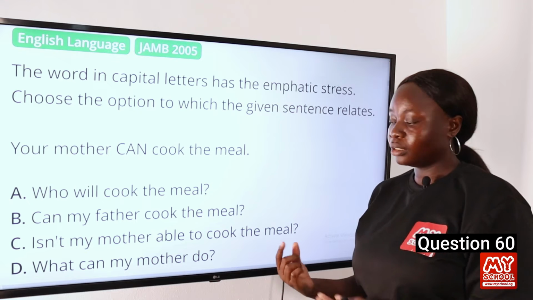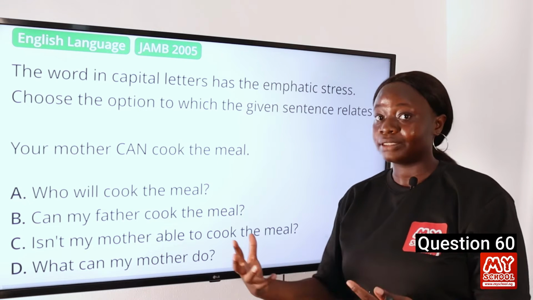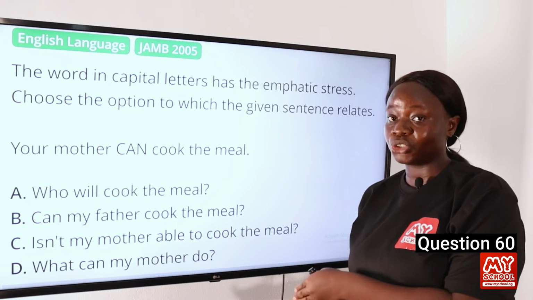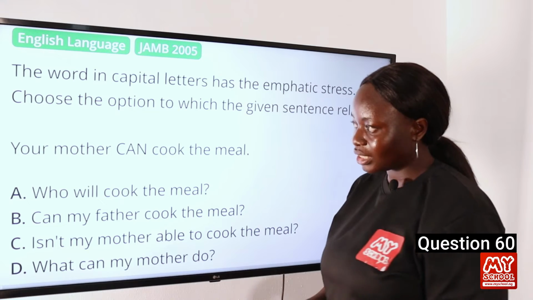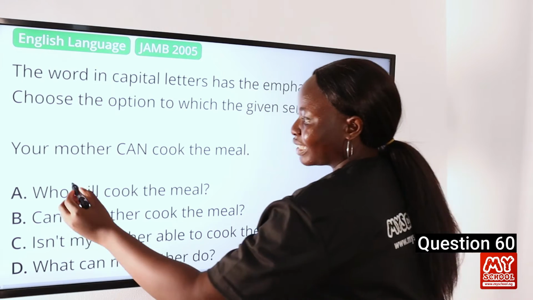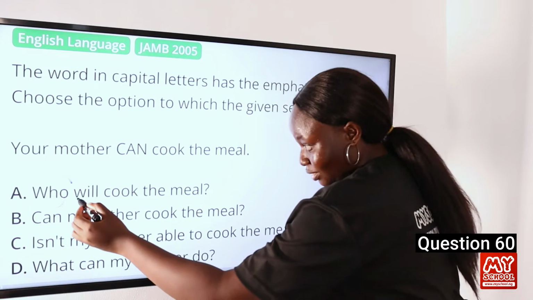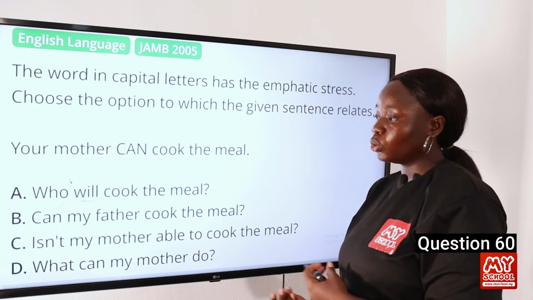He's not sure whether the mother can cook the meal. So the person responds, your mother can cook the meal, to show that yes, indeed she can. She has the capability to cook the meal. So it can't be option A, because this time around there are two things that are different: the fact that the person doesn't know who can cook the meal, and the fact that the person is not sure whether the person will be able to cook the meal.